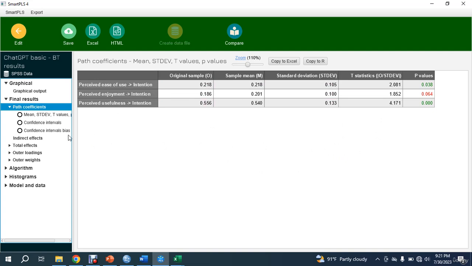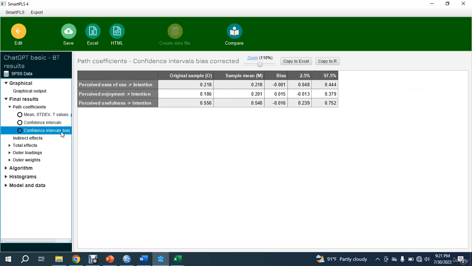And this will be needed. Another thing you need is the confidence interval bias corrected. You need to take 2.5% and 97.5%. This range we need. Say for example, I already have said that your path coefficient is 0.218. This is the sample result, and we have taken only 100 samples, but after estimating the sample we will try to predict our population.